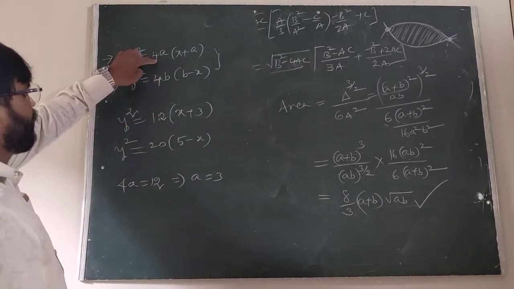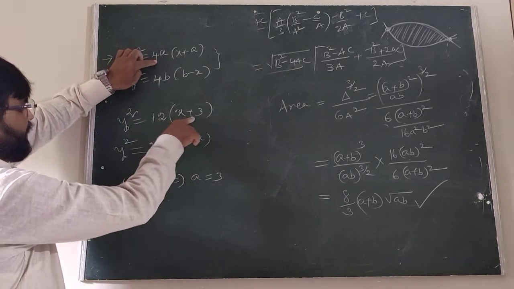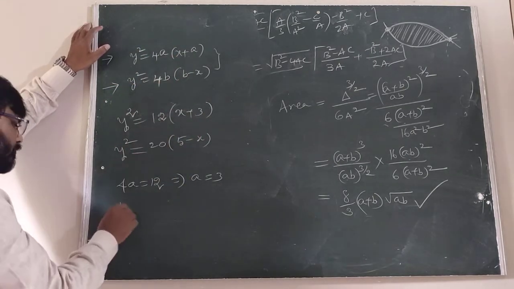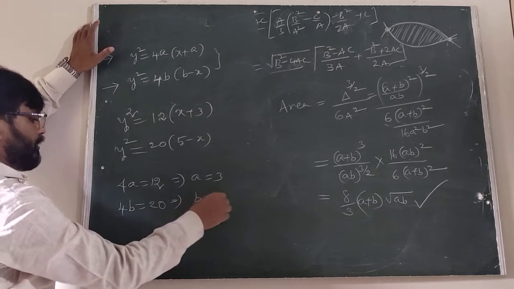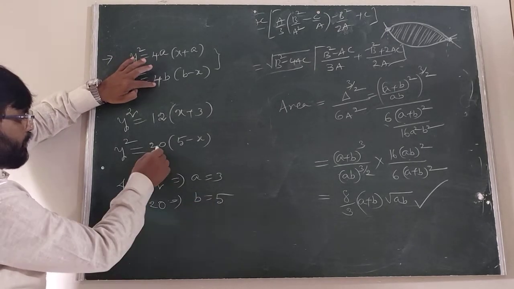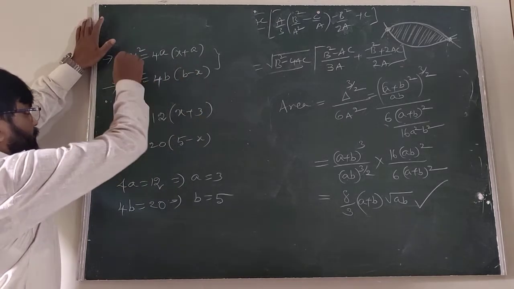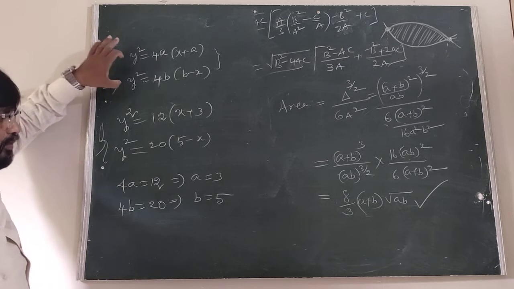Therefore 4a into x plus a, that is the first curve. Now this is compared with this one. 4b equals 20. The value of b is 5. How to write this one? 4 5s are 20, 4b into b minus x. So these given two curves we have to compare.